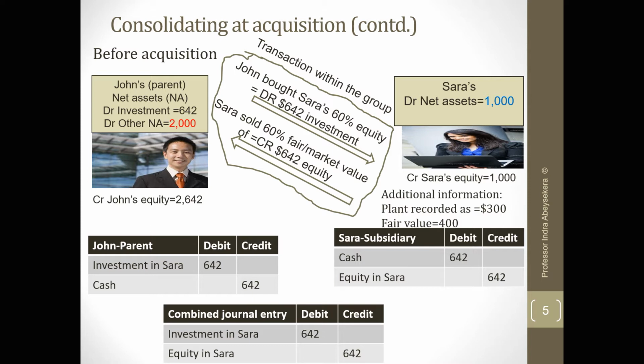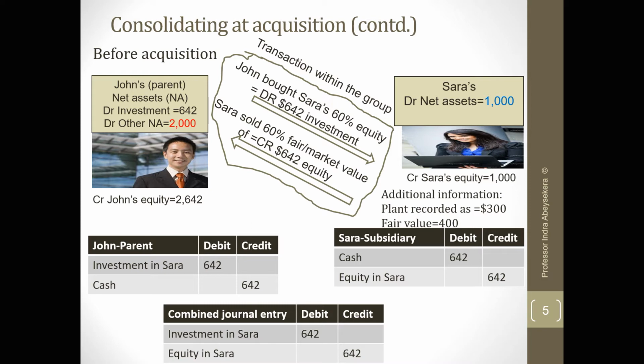So let's look at what John would have done. In his own books, he would have recorded cash going out and investment in Sarah, 642. Sarah would technically record equity in Sarah being sold, and then Sarah's company is receiving cash, 642.